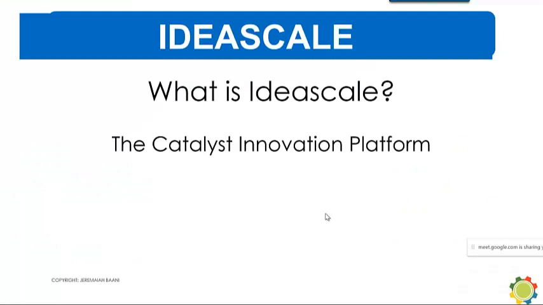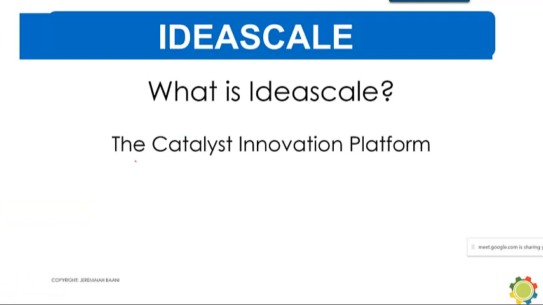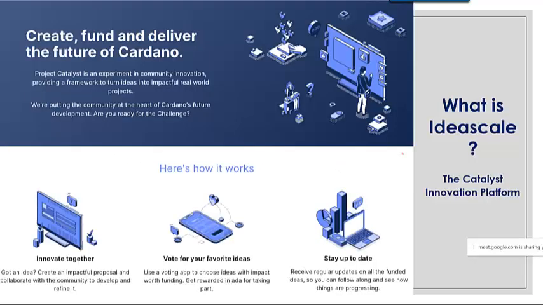So that is the Catalyst innovation platform, and we have already looked at Project Catalyst, what it's all about. This is the platform where proposals are received, and this is where the review of proposals are also done by community advisors.